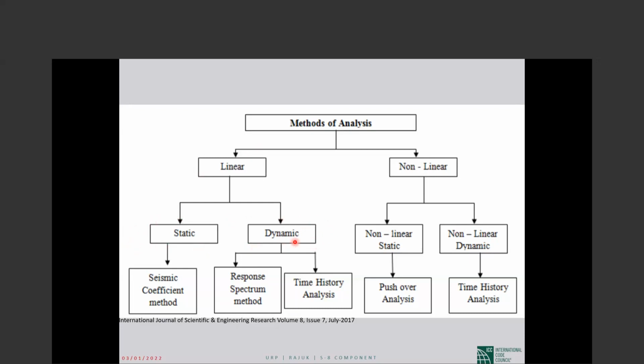So if mass and stiffness irregularity exist, it is better to do dynamic. If not lots of mass or stiffness irregularity exists, we can go with the static. If there is lots of irregularity in strength, it is better to do nonlinear.